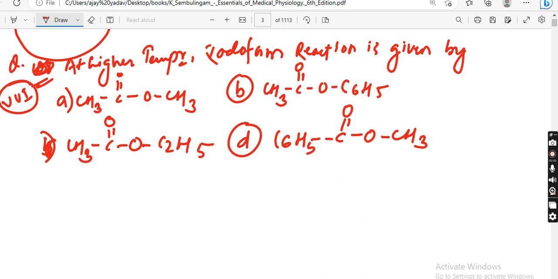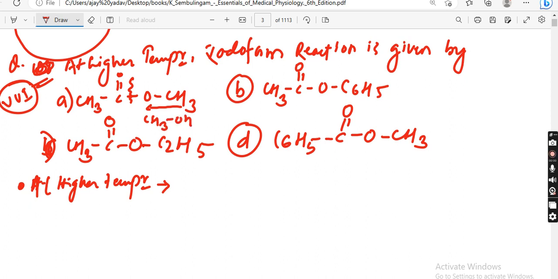So remember, at a higher temperature, if we do hydrolysis, the bond breaks in this manner. So this will give you CH3OH. From this bond breaking, this will give you C6H5OH.